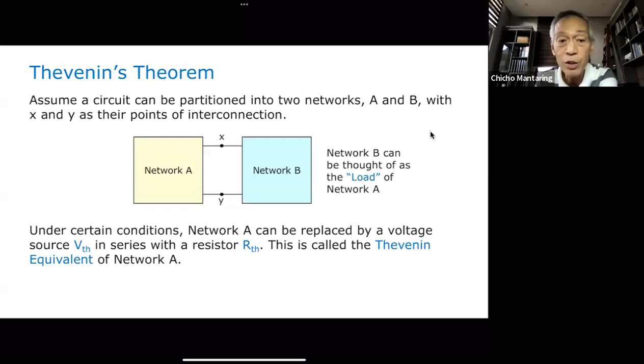Thevenin's theorem says that under certain conditions, and we will discuss what conditions these are, network A can be replaced by a voltage source, VTH, in series with a resistor, RTH. The voltage source VTH is what we call your Thevenin voltage, and RTH is what we call our Thevenin resistance.